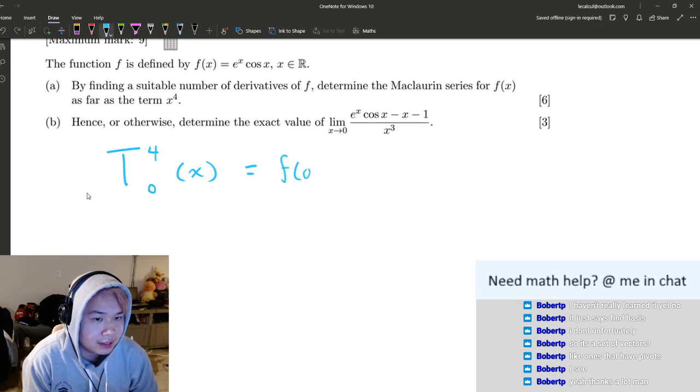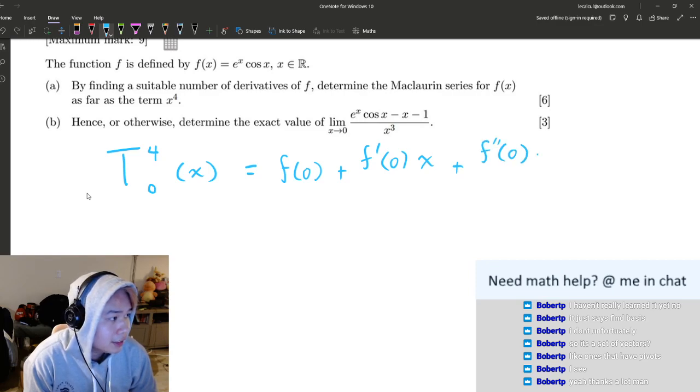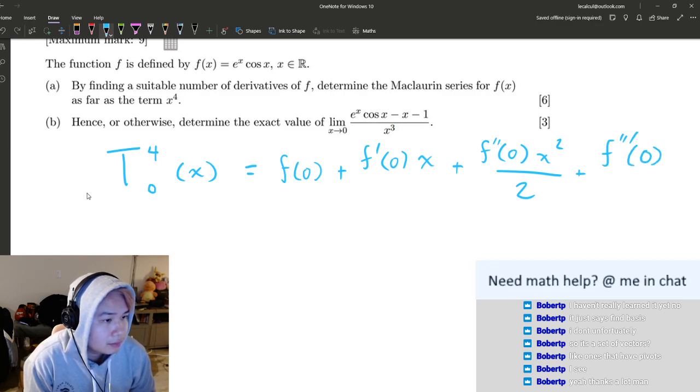So this is your function at 0 plus the derivative of your function at 0 times x. Second derivative of your function at 0 times x squared over 2. Third derivative at 0 times x cubed over 3 factorial.